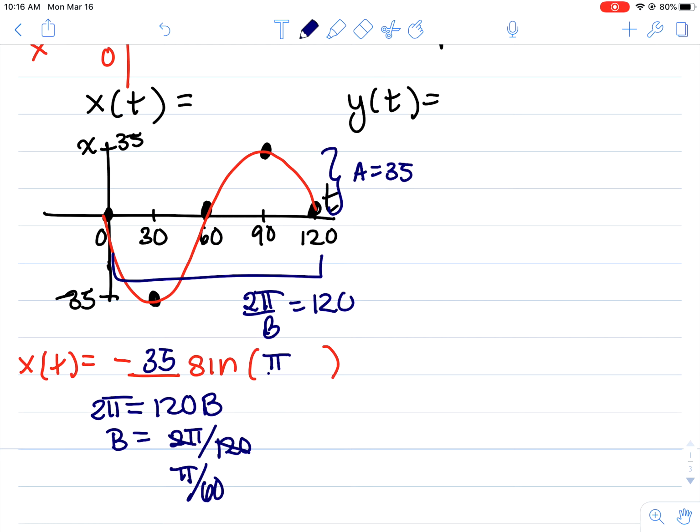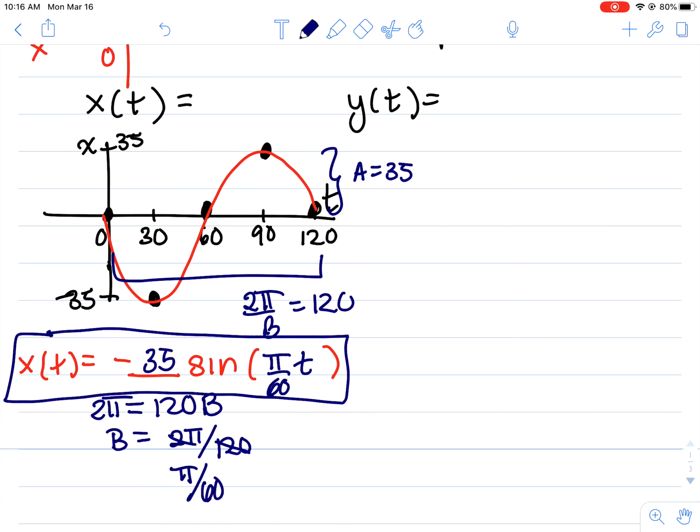That's our b value. And our input variable is t. This is our parametric equation for x. Okay, let's do this for y. You can try pausing this and then making this a try. But I will, and then play again and then check my solutions.